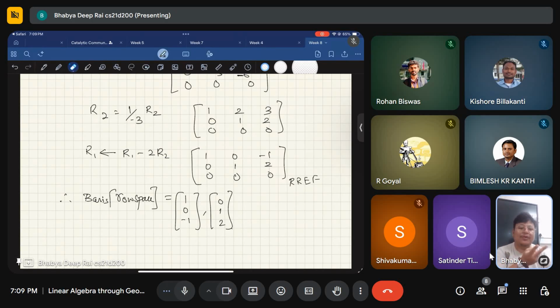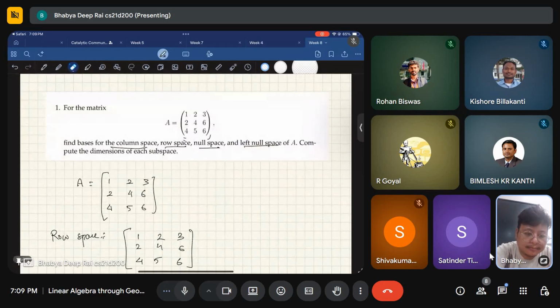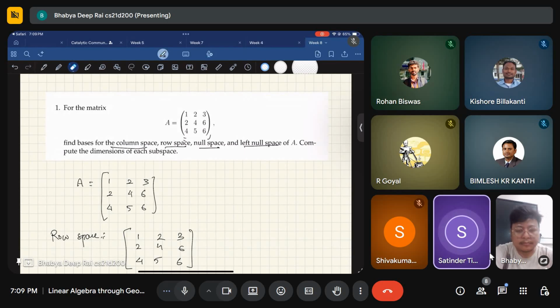So the basis will still have two elements there. So you're calculating now for the column space, huh? Yeah, column space. So for column space, when we are applying RREF, we have to apply it column wise, but personally I find it a bit confusing.